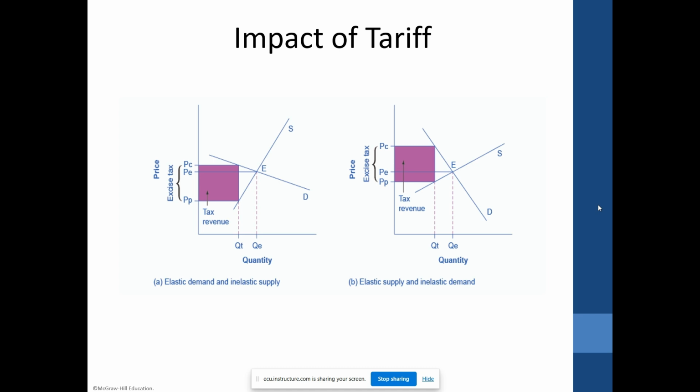For example, previously producing one box of strawberries cost me $3 from seeding to the shelf. Now I have to give an extra 30 cents to the government for every box I produce. Will I be happy about this?